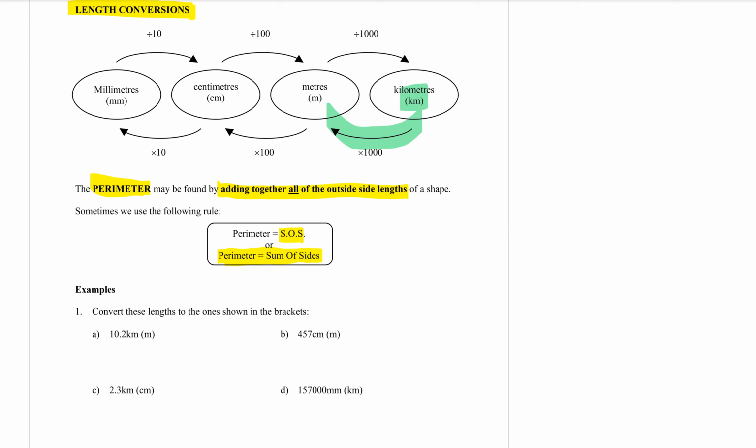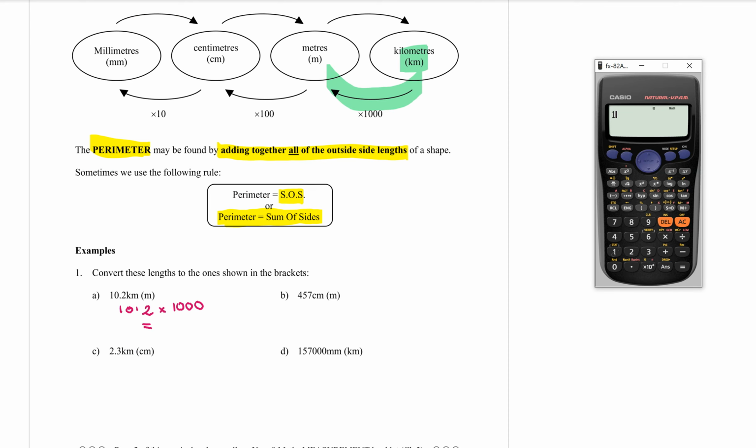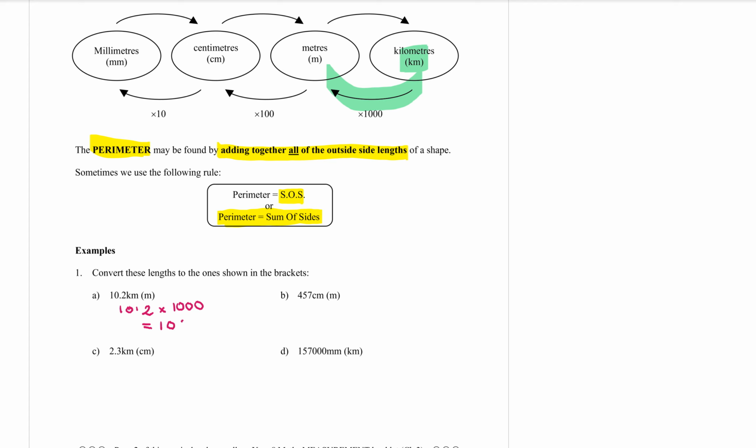So all you need to do is type into the calculator your starting measurement, which is 10.2, and times that by 1000. You may not need a calculator for that, but if you do, here it is, 10.2 times 1000, and you get 10,200, and now the units are meters.